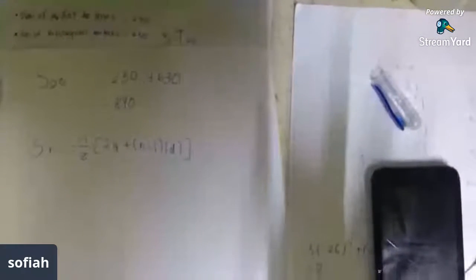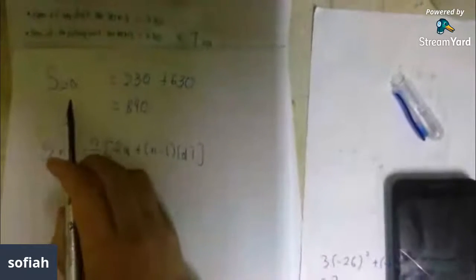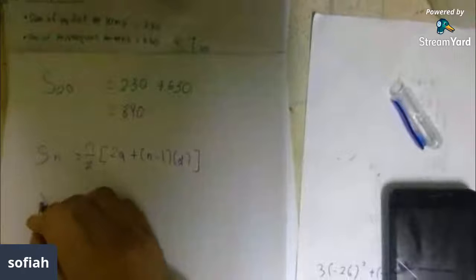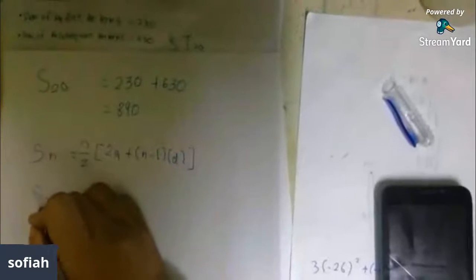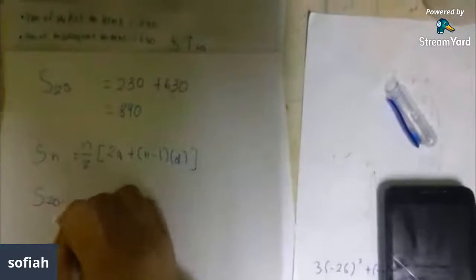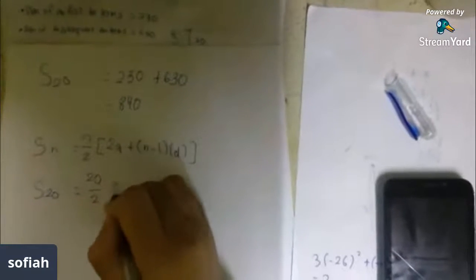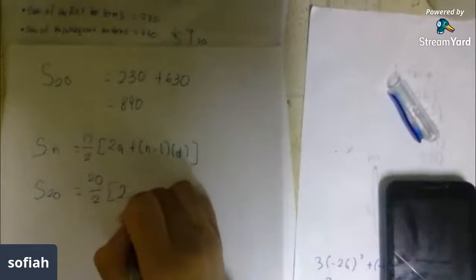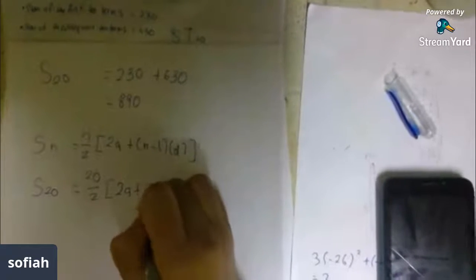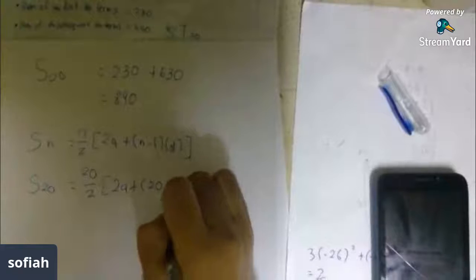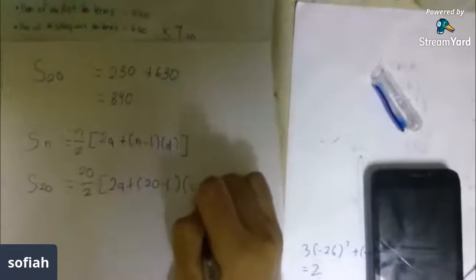Tak apa, nanti saya tulis sekejap. We just substitute the value of n into this formula, so we will get S20 equals 20 over 2 times 2a plus 20 minus 1 d.